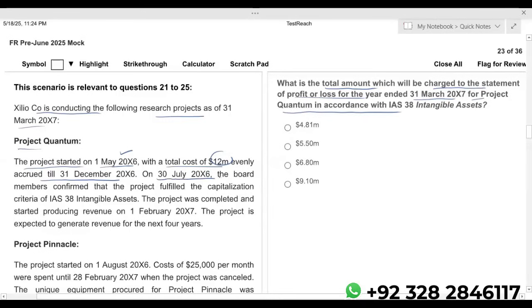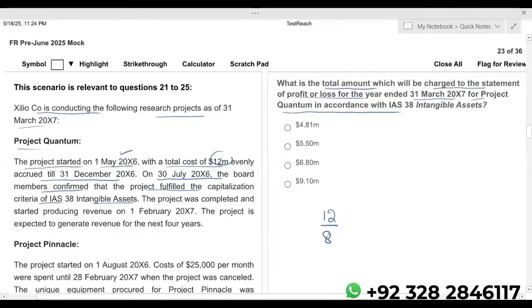On 30th July X6, the board confirmed that the project fulfilled the capitalization criteria of IAS 38 intangible asset. It means that before 30th July X6, the criteria was not met. According to IAS 38, if the capitalization criteria is not met, whatever cost you have incurred before meeting the criteria will be expensed out. The 12 million cost is incurred over 8 months.